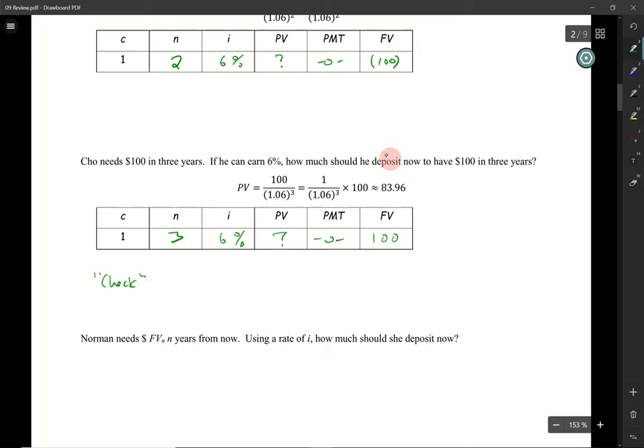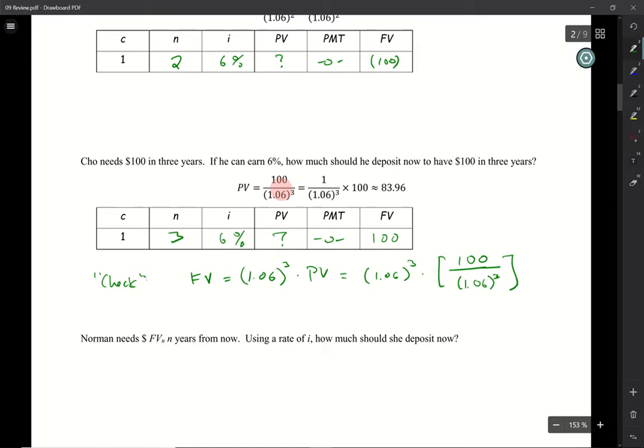And so to check, we know that the future value is equal to 1.06 to the third power times the present value. So the present value is basically this: instead of writing the present value as $83.96, it's really 100 divided by 1.06 cubed.